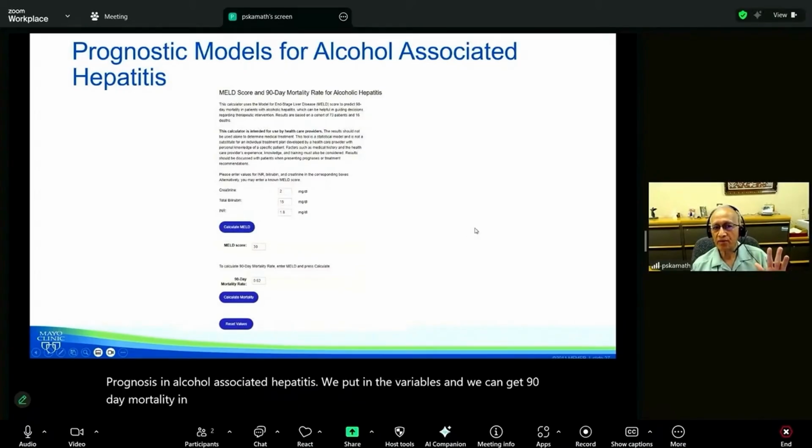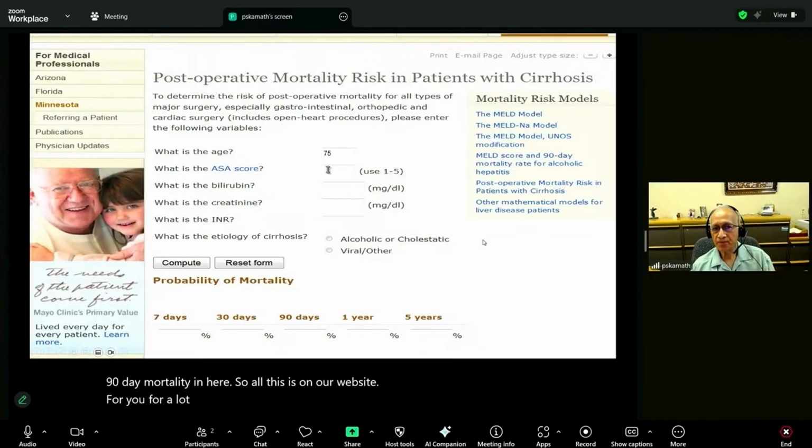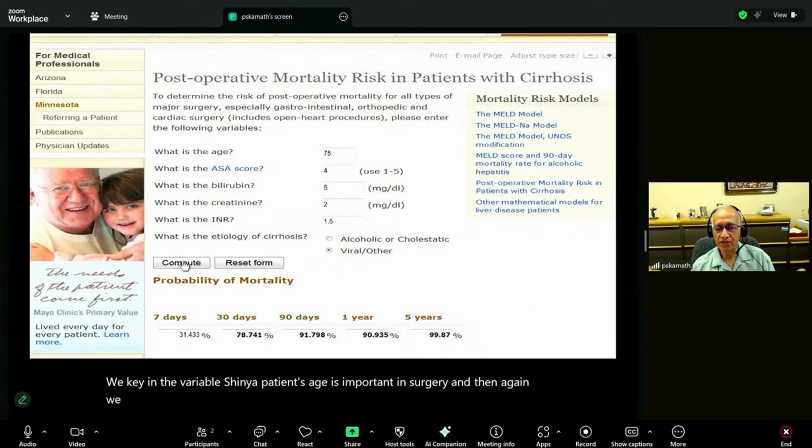So all this is on our website. For you, who are a lot of surgeons in there, so mortality risk in patients with cirrhosis, we key in the variables in here. Patient's age is important in surgery, INR, and then again, we get mortality risk. So we use this to counsel patients.